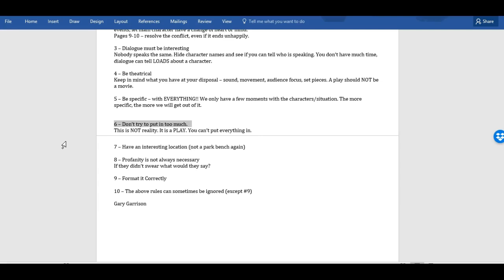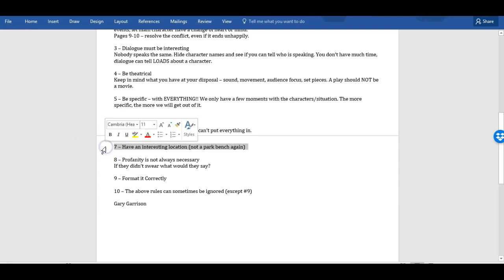There are some stories that just need more time to be fleshed out and understood in order to be taken seriously. So make sure that your subject matter is appropriate for a 10-minute play situation. Doesn't mean it has to be trivial. It doesn't mean it has to be silly by any means, but some topics just don't work as well.